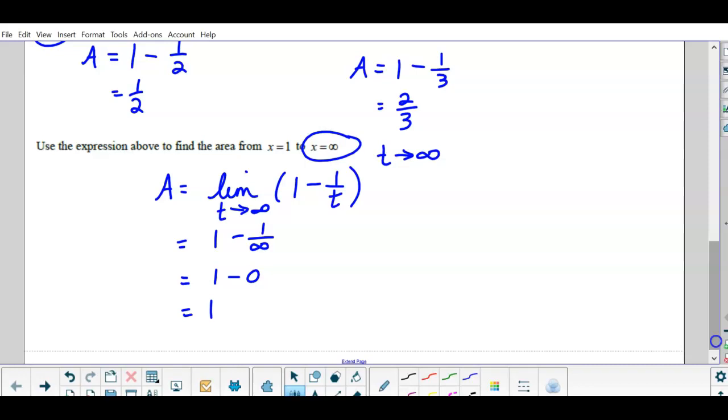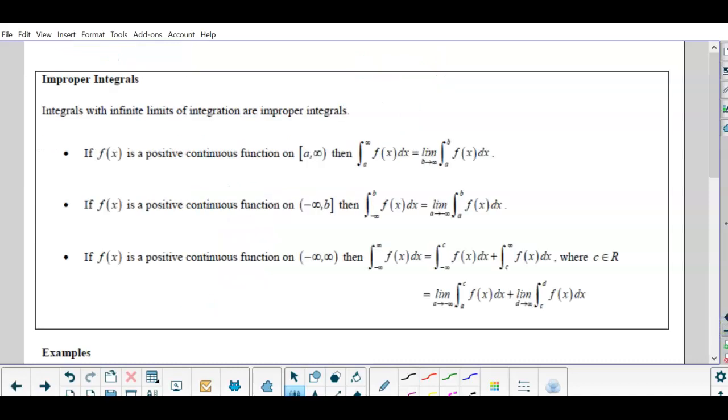Okay, so some properties. Basically, a positive continuous function starting at an a value going to infinity. That's really what the integral looks like, but we're going to show it as a limit so that the infinity symbol is not in your integration sign.